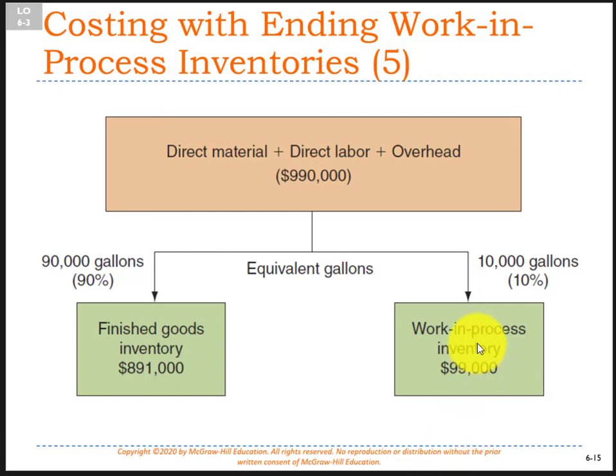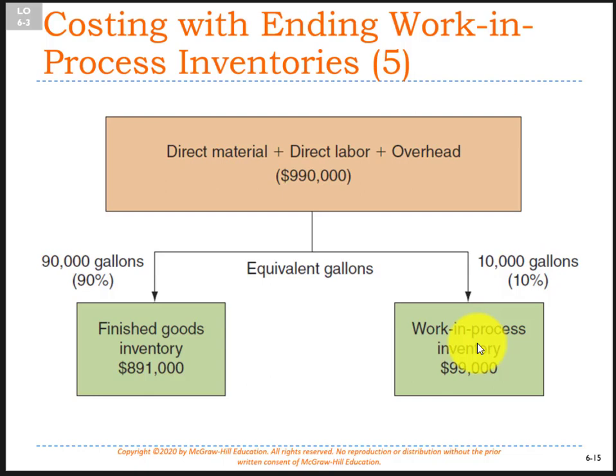So that means that there's still a dollar amount in work in process. We know there's 10,000 physical gallons there, but from an accounting standpoint, there's $99,000. Those 10,000 gallons, or 10% of the total, represent $99,000 of cost, $9.90 per unit.